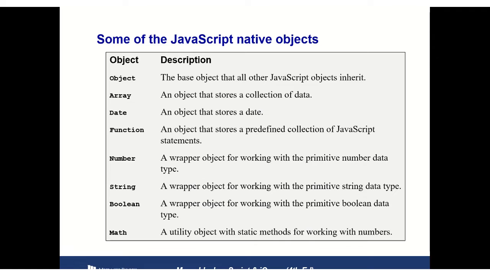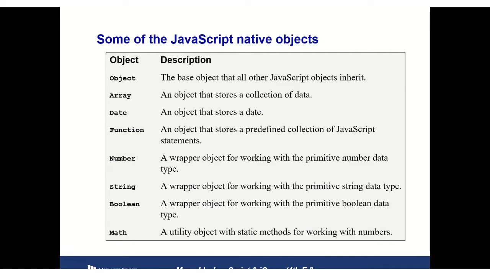Some of these objects, like the object and the function object, are fundamental objects that other objects are based on. For instance, all JavaScript native objects inherit the base object, which means that they have access to the object's properties and methods.